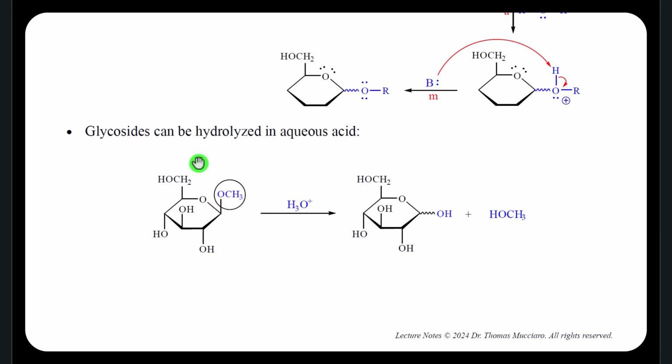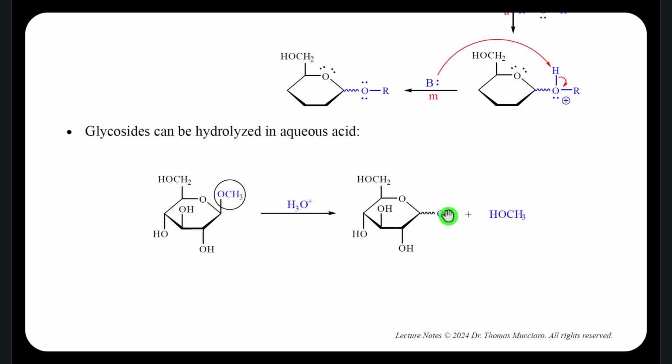If we take a glycoside, we can treat it with aqueous acid, which we'll symbolize as hydronium, H3O+. And the alcohol will be protonated and removed, and then it will be replaced with a hydroxyl group.